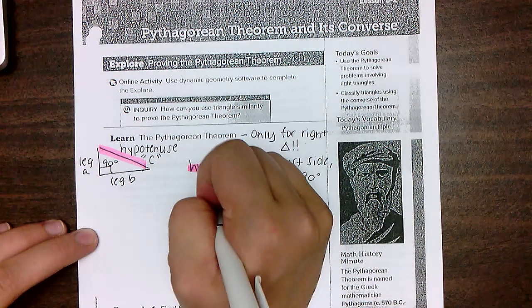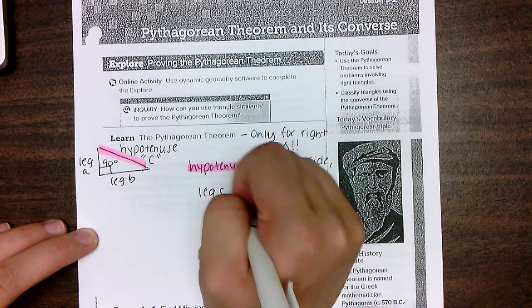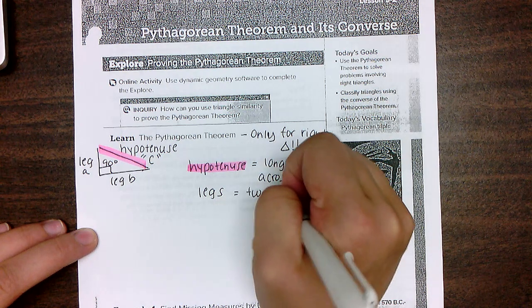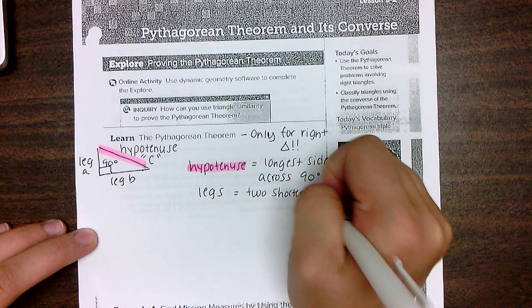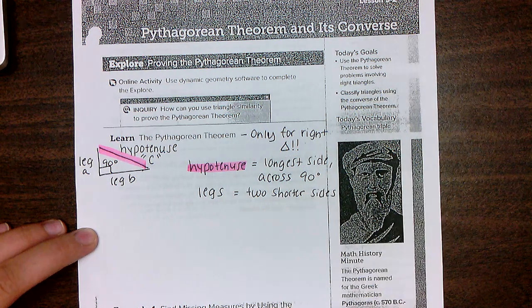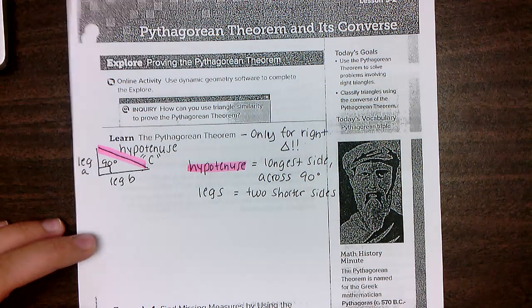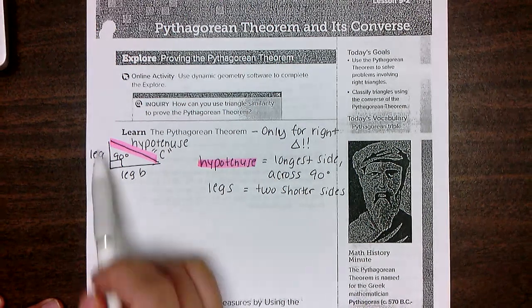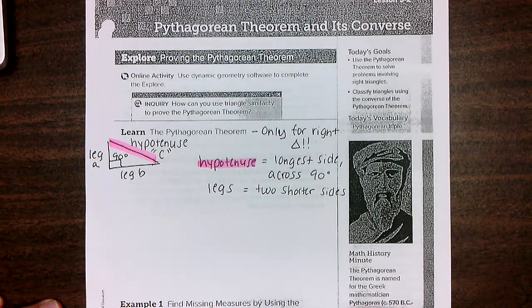And like I said before, the legs are just the two shorter sides. Okay, so now that we've established the different sides of your right triangle, let's get into the theorem.